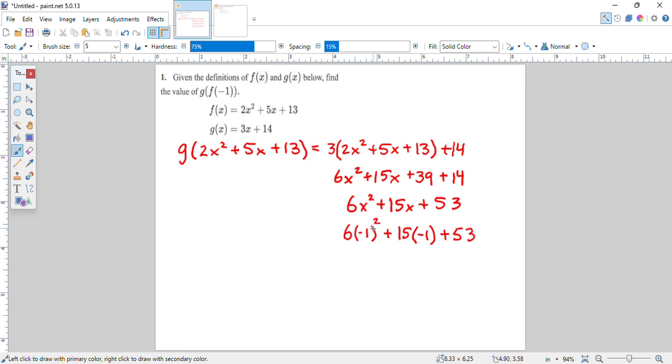Well, negative 1 squared is 1, times 6 is just 6. 15 times negative 1 is negative 15, plus 53. We put that all together: 53 plus 6 is 59, minus 15 is 44. 44 is where we end up.